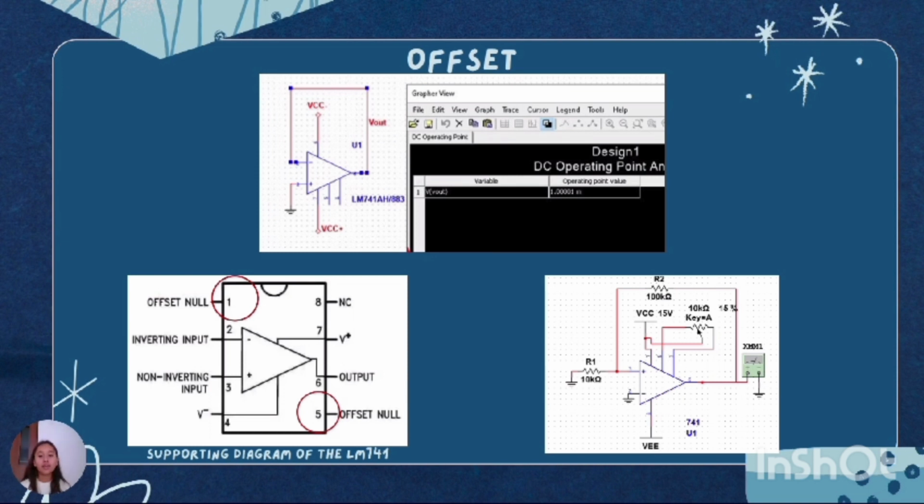To determine the offset voltage, a potentiometer is connected between pin 5 and pin 1 of the operational amplifier so that the error can be fixed.